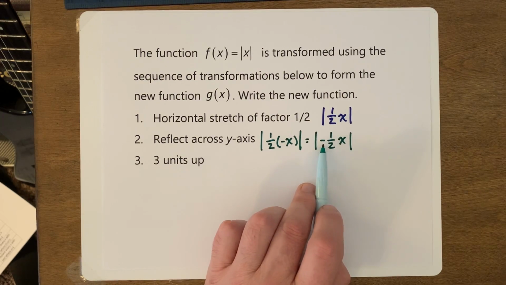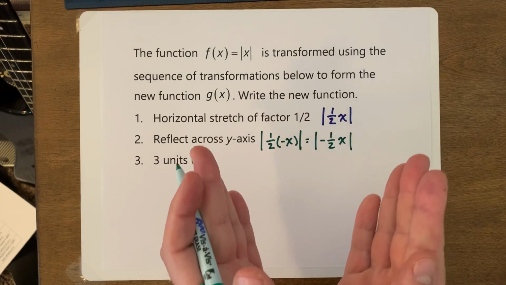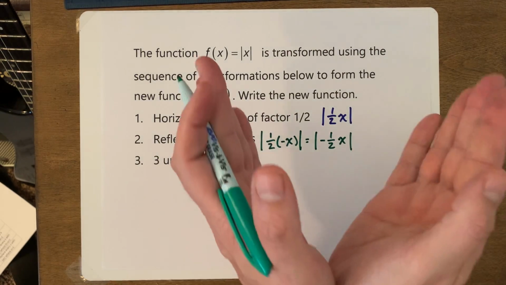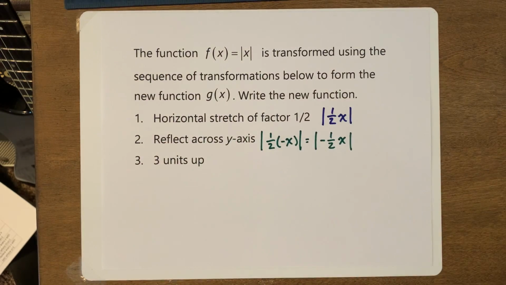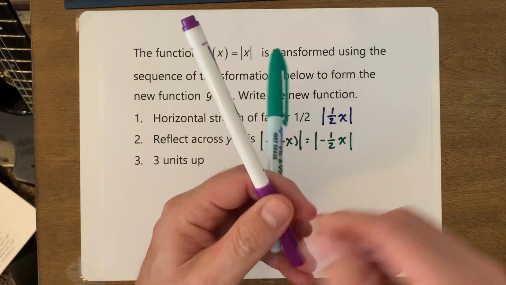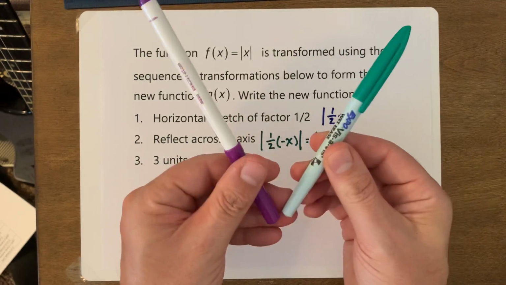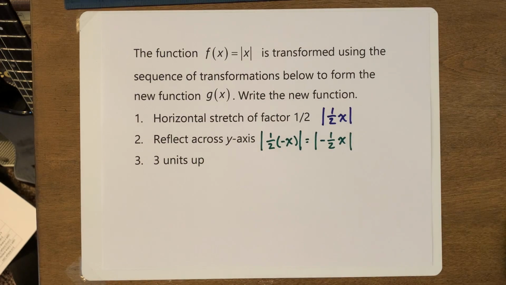The reason why is because my original function is on the y-axis, the vertex. And since it's on the y-axis as a vertex, when I flip it, and let's go ahead and just use these 2 markers as an example. If I'm on the y-axis right here and I flip it, that's what's going to happen. The left side becomes the right side, and the right side becomes the left side. So nothing is really going to change there.